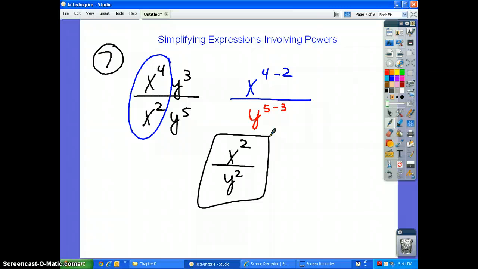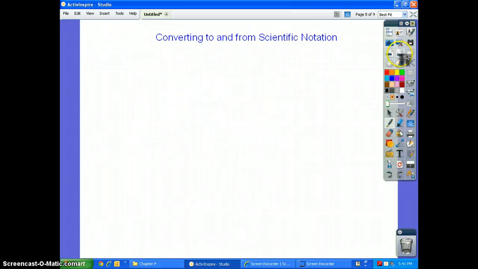All right, problem number 8. Example number 8 happens to be problem number 57 in your textbook. So your goal here is to convert to and from scientific notation. In problem number 57, it asks you to write the number in scientific notation.